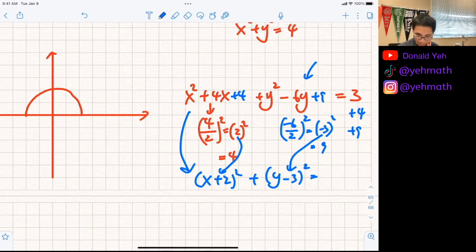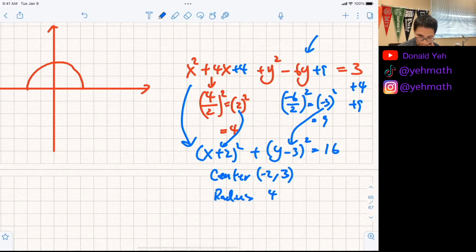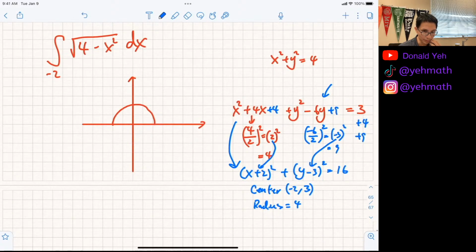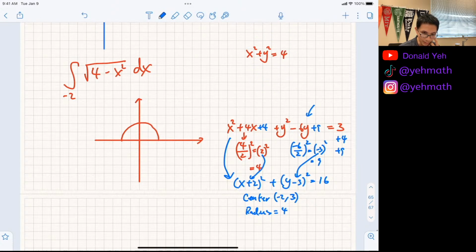You just copy that number after you simplify, before you square. And it's going to be equal to 16. And that's your center. The center is going to be at negative 2, comma 3. And the radius is going to be 4. Please know your circle equation, and I just taught you how to complete the square. Make sure you understand it, because you're going to see it on SAT practice as well.